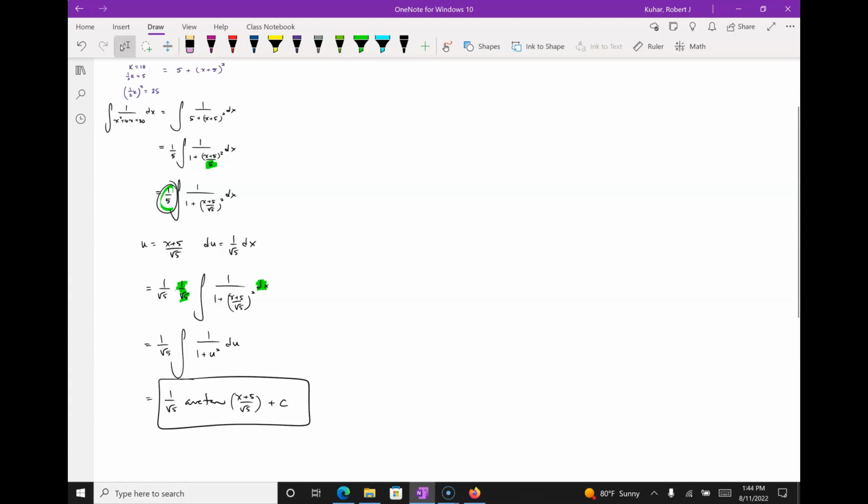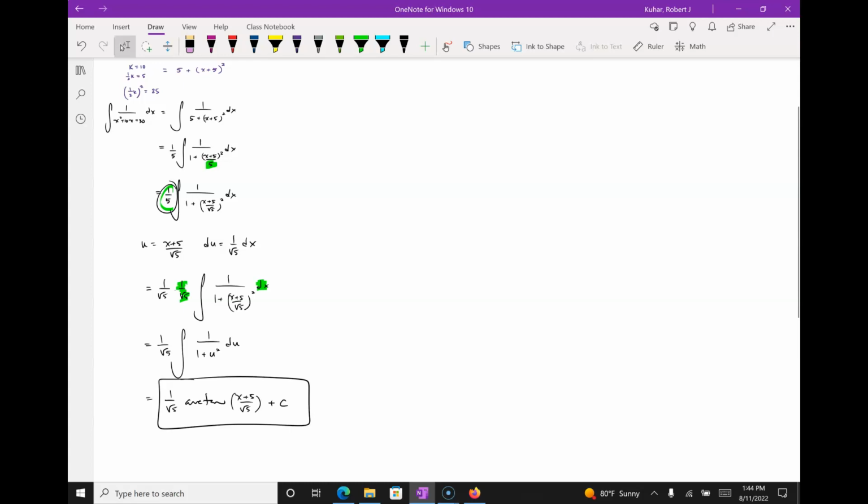Let's go up one more level. Yes, question. See, but I'm not changing anything. I'm not adding 2. I am always multiplying by 1.